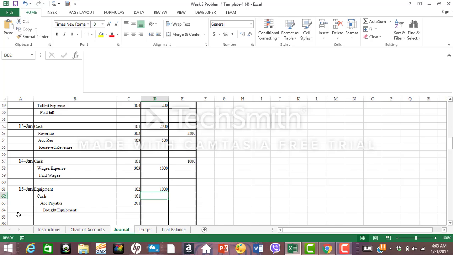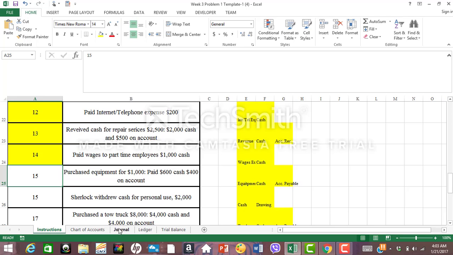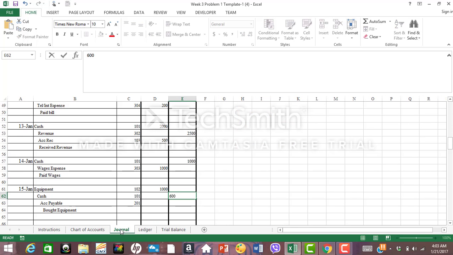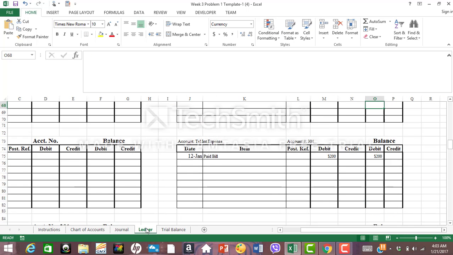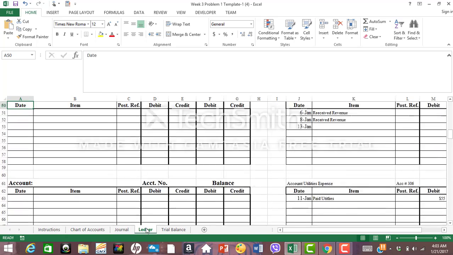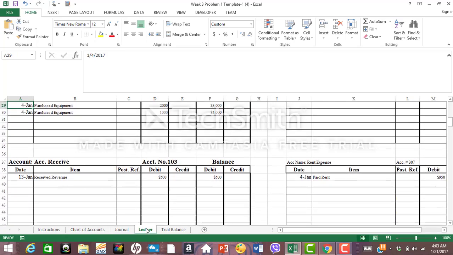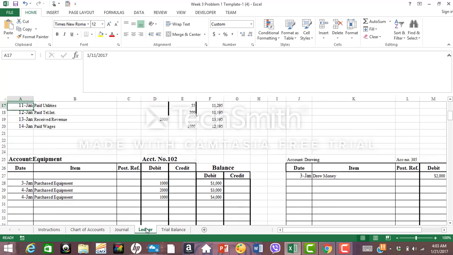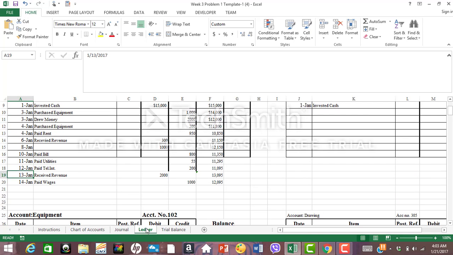So equipment increases by 1,000. They paid, I believe, 600 in cash. Yes, 600 in cash and 400 under accounts payable. All right, then we go to the ledger. Once we go to the ledger, we go all the way up to cash.